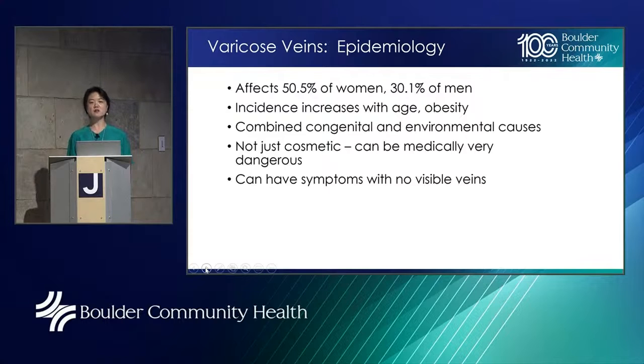Congenital predisposition definitely also plays a role in who develops varicose veins and how badly. Again, as we've mentioned before, they are truly not just cosmetic. And I think that is why insurance companies, given the appropriate medical conditions, are actually paying for treatment of varicose veins.